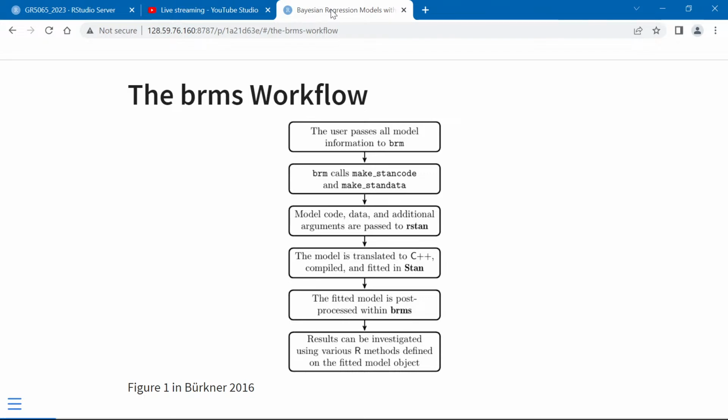brm is going to internally call two functions, make_stancode and make_standata. Both of those functions are exposed, so you could call them yourself.